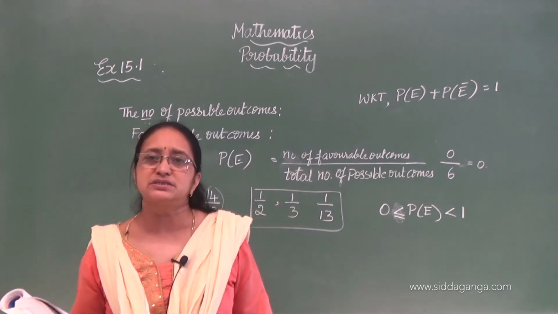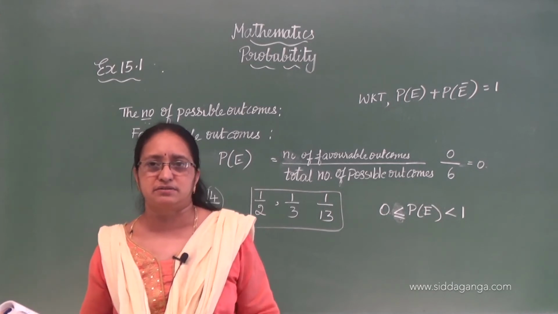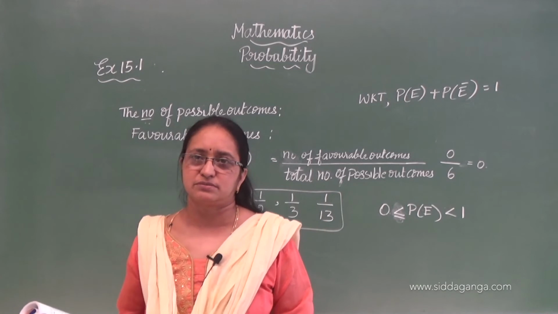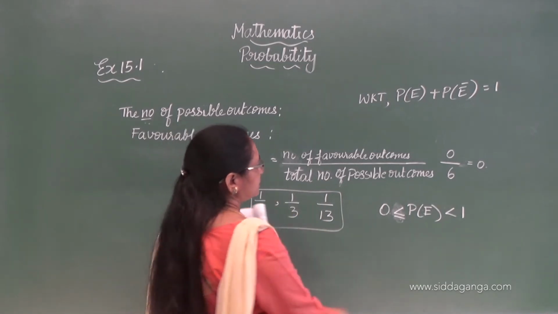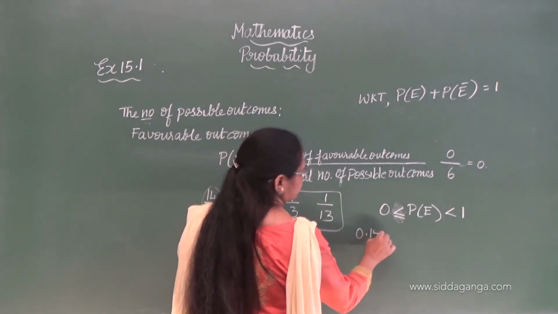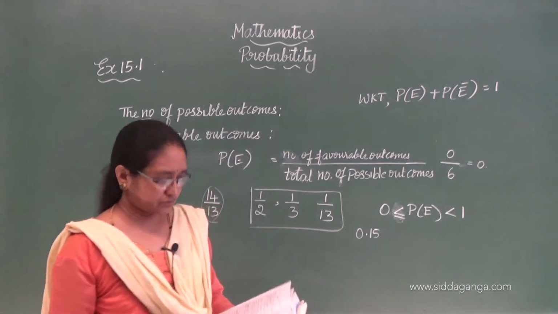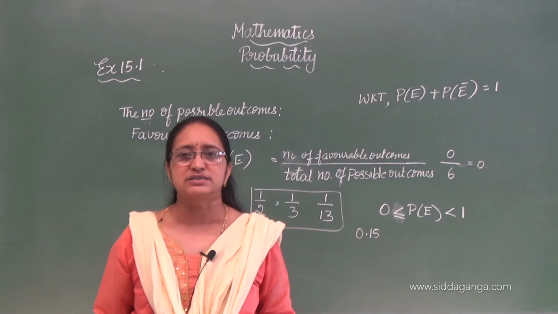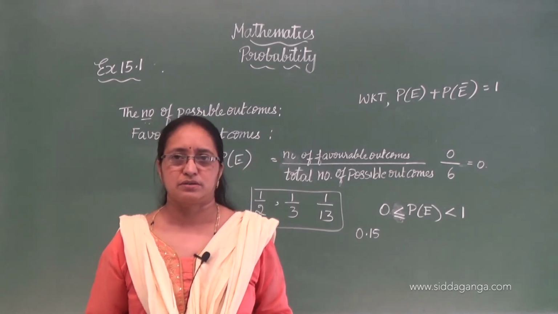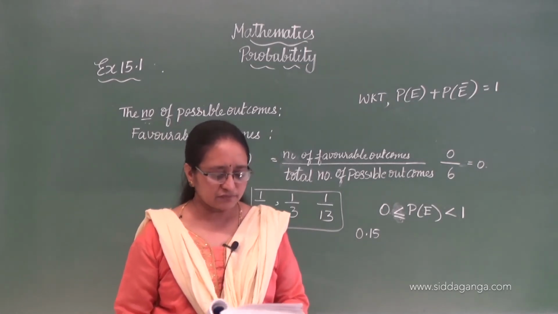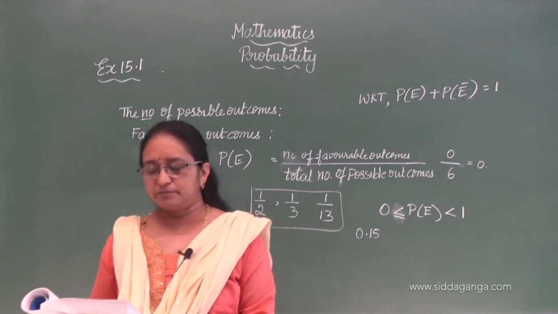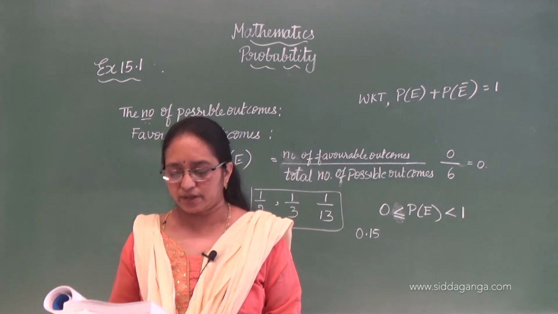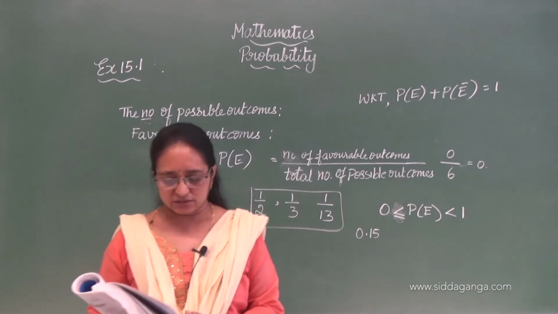And 15%, yes of course, 15 by 100 is 0.15, it is possible. Next, 0.7, again it is less than 1. So which is the option? B, that is minus 1.5, and I told you the reason also.